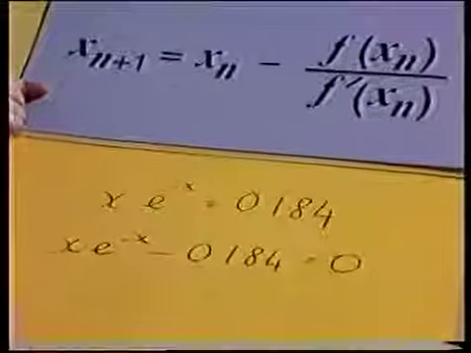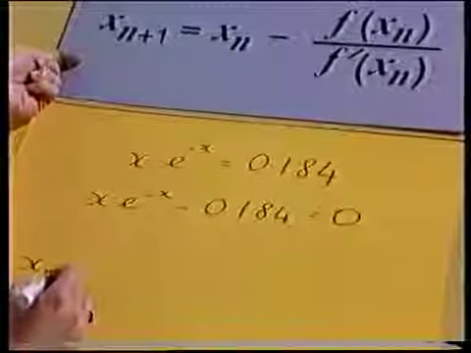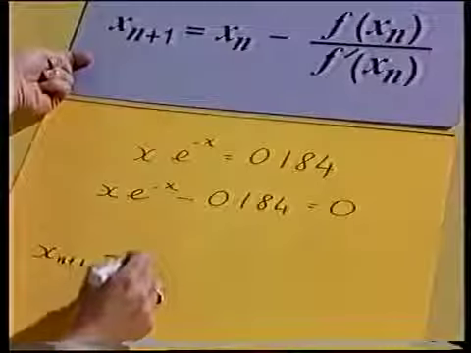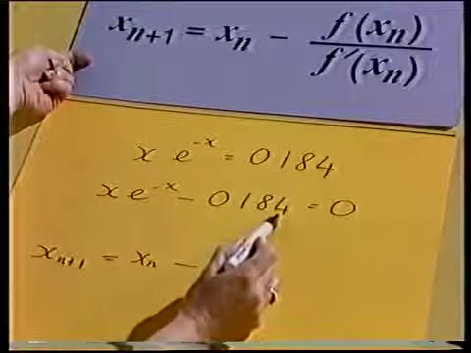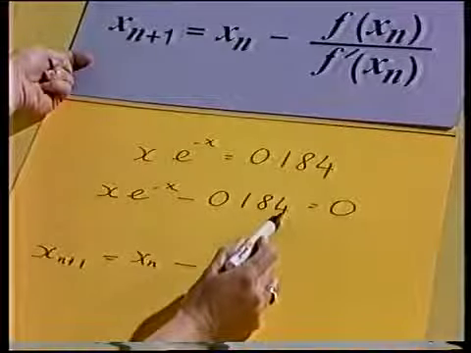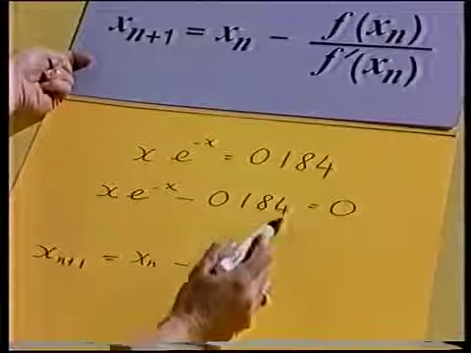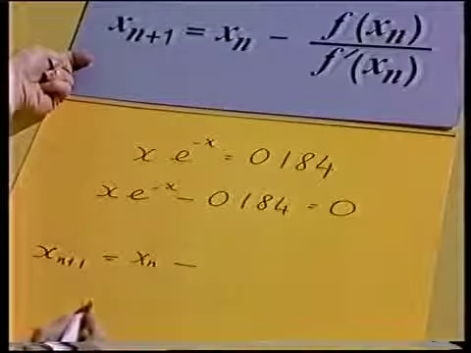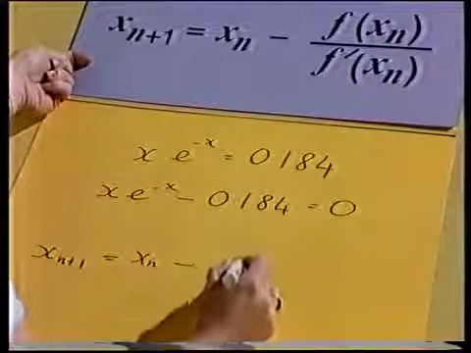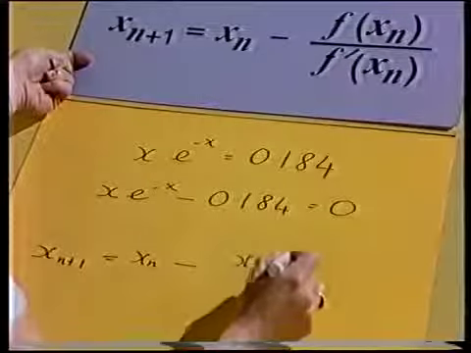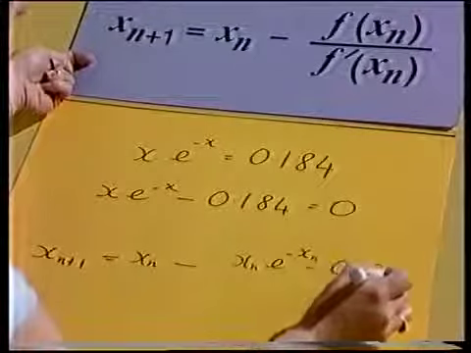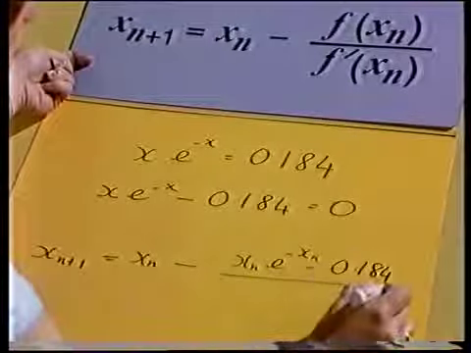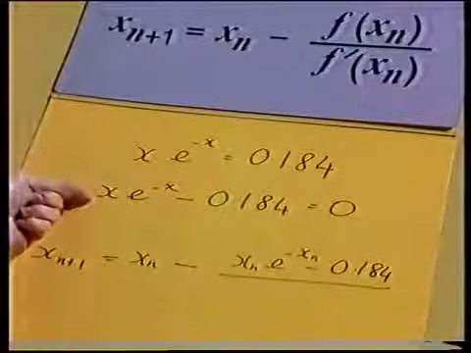The iteration we want is xn plus 1 equals xn minus this function evaluated at xn divided by its derivative at xn. So the top bit is just xn e to the minus xn minus 0.184, and that's divided by the derivative of this.